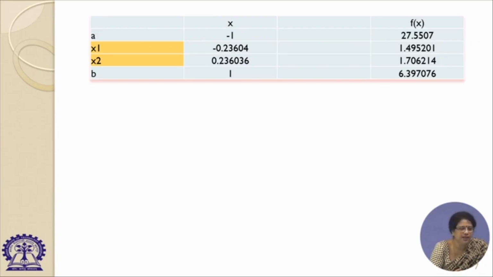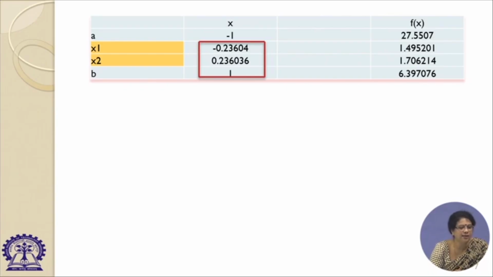Now we will see the functional values here. What is the trend of functional values? The functional values are coming 27, 0.5507, next one is 1.49, next one is 1.7, and next is 6.3.